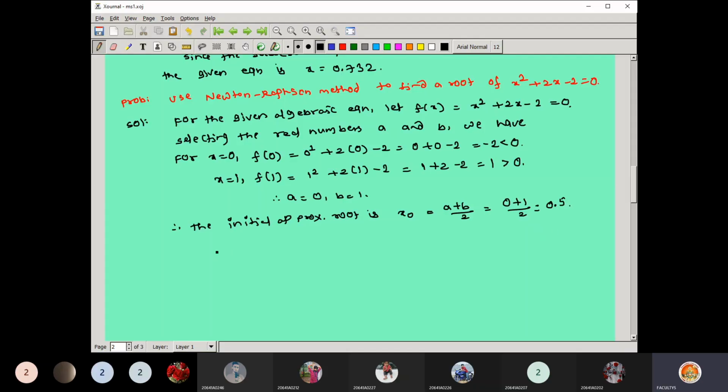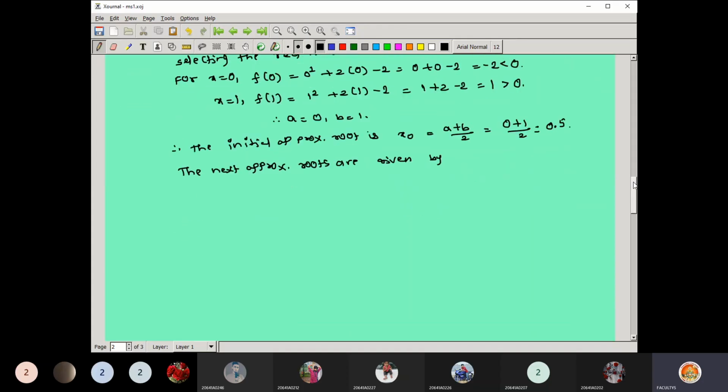Now you are getting the next approximate roots. The next approximate roots are given by, so you are using the Newton-Raphson method. So for that you need to write down the formula.